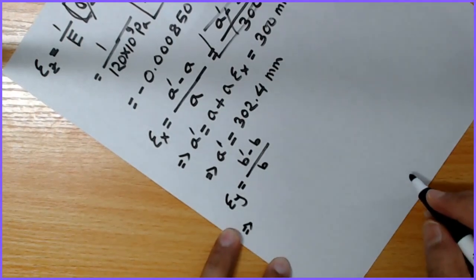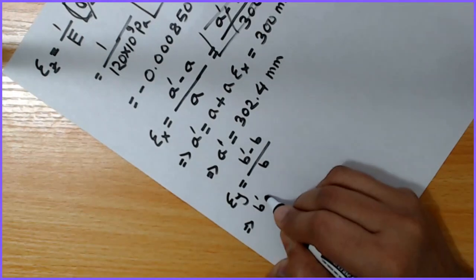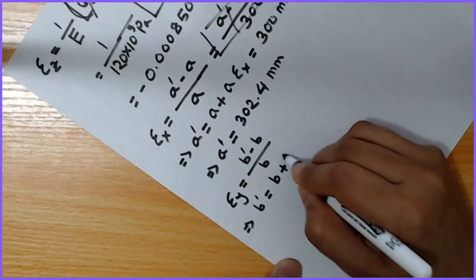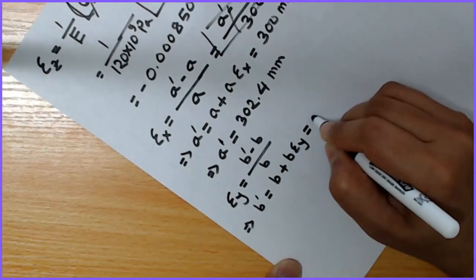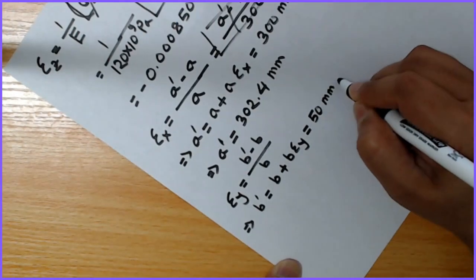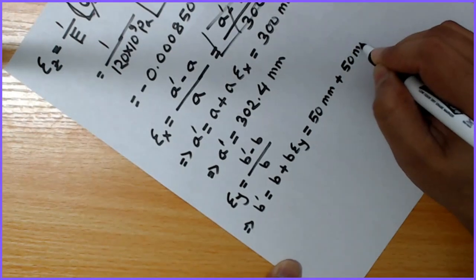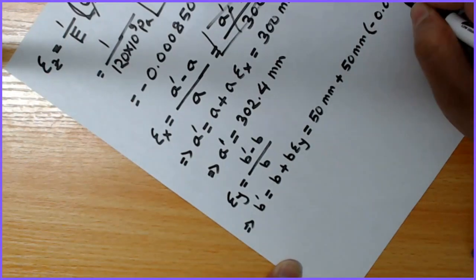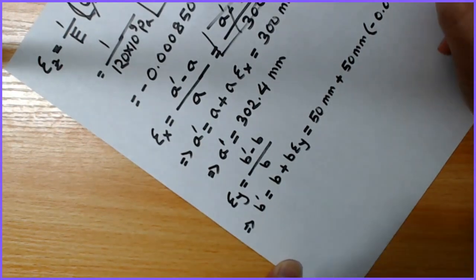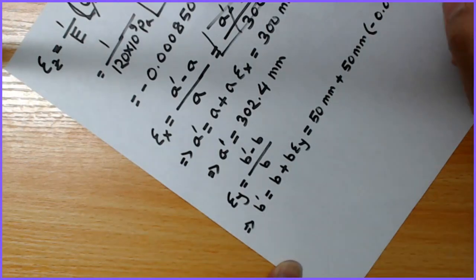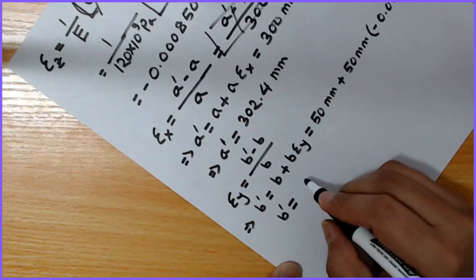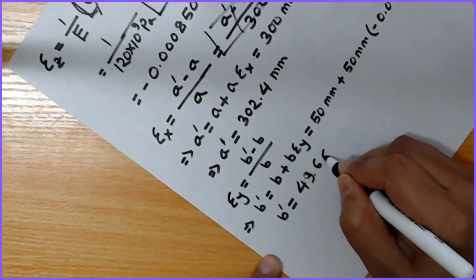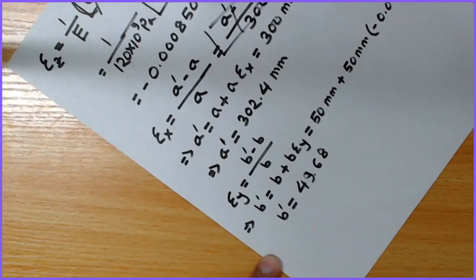We can rearrange: b prime, the new width, is equal to b plus b epsilon y, which is equal to 50 millimeter plus 50 millimeter multiplied by minus 0.00643. So b prime is 49.68 millimeter.